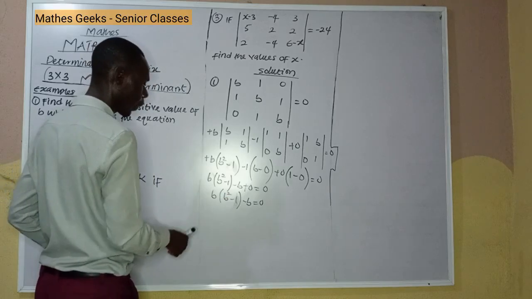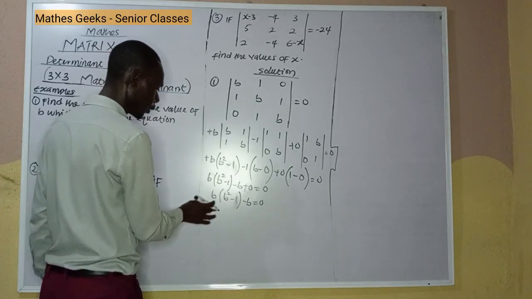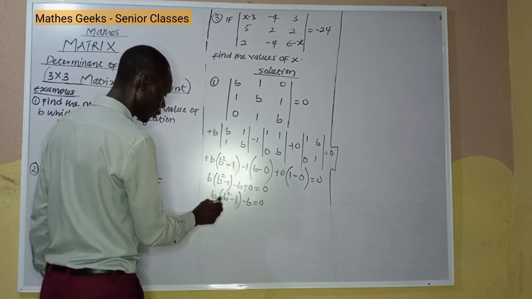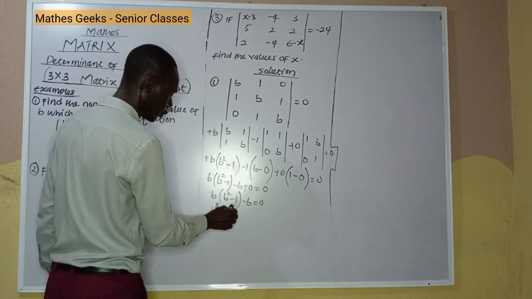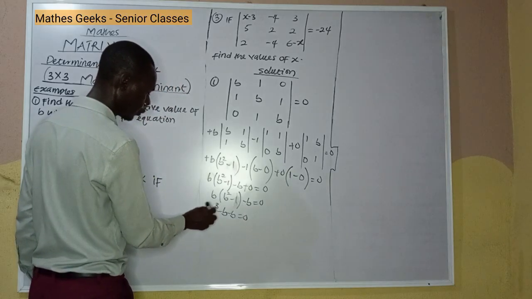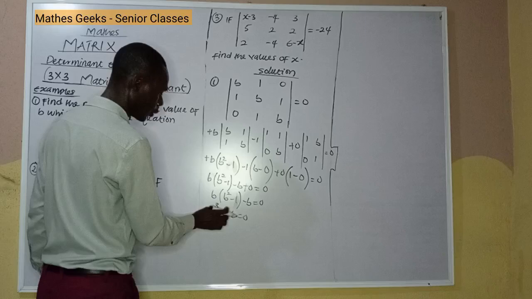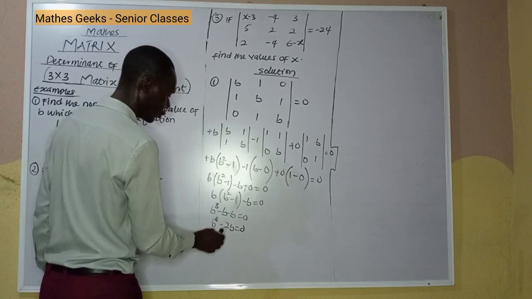So b times b squared minus 1, minus b, equals 0. This gives b cubed minus b minus b, which is b cubed minus 2b equals 0.